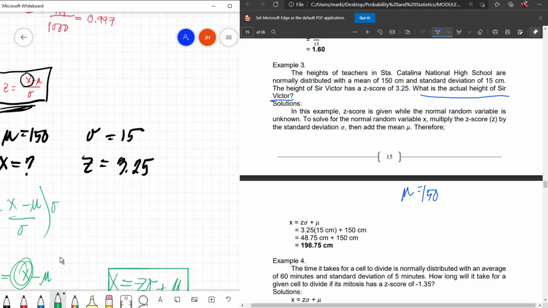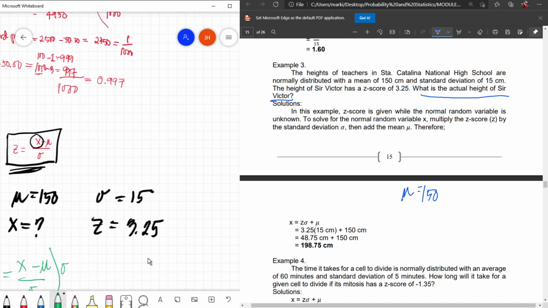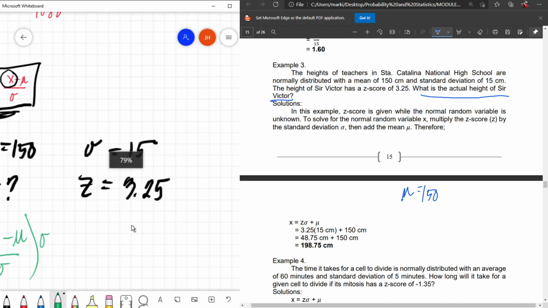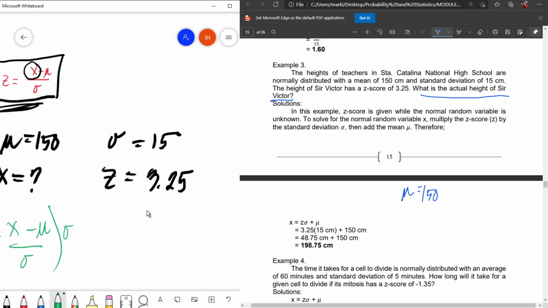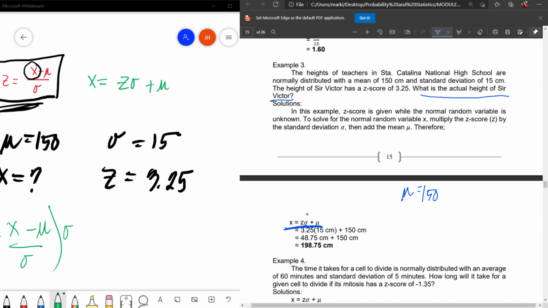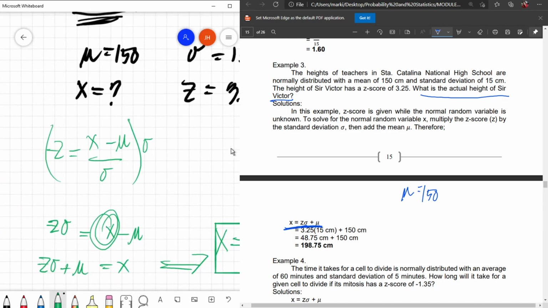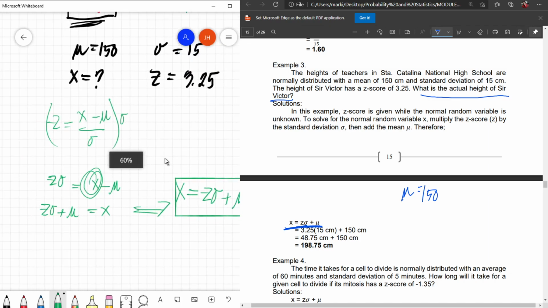So this is the formula in finding the value of x. Okay? Let's go back to our givens. We now have x is equal to z times the standard deviation plus mu. If you ask how did you get that one, go back to this solution.